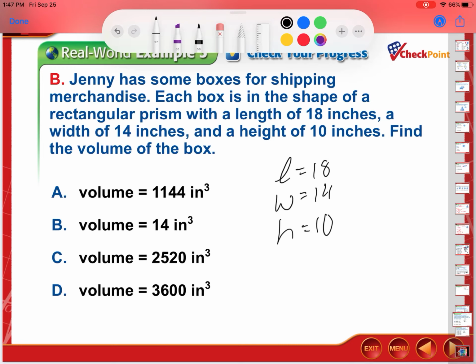For this, all we have to do is multiply 18 times 14 times 10. So our volume is 2,520 inches cubed.